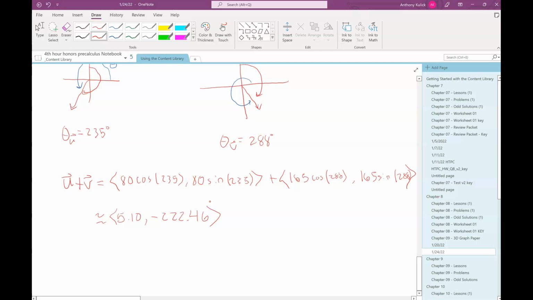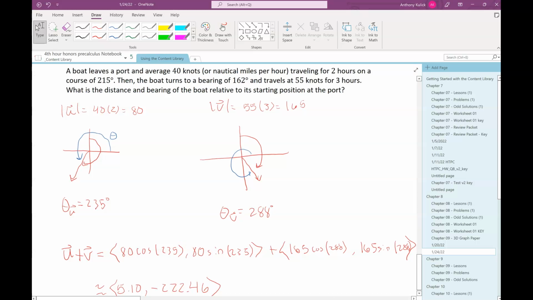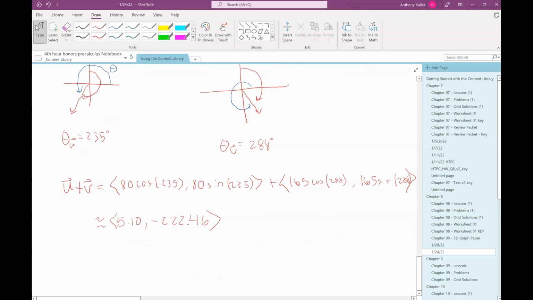Mackenzie? And so the magnitude for this is going to give me the distance we are away from port.